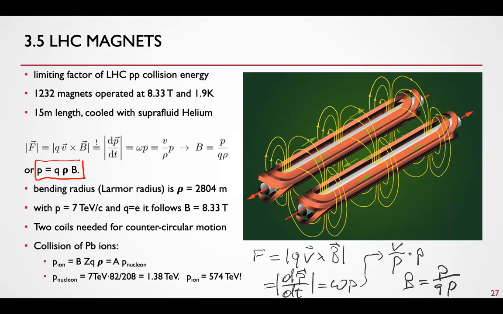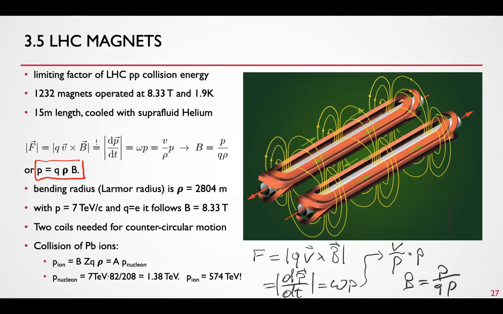So you want a large radius and a large B field. If you insert the numbers, a proton momentum of 7 TeV would give you 14 TeV collision energy. That's the design of the LHC.